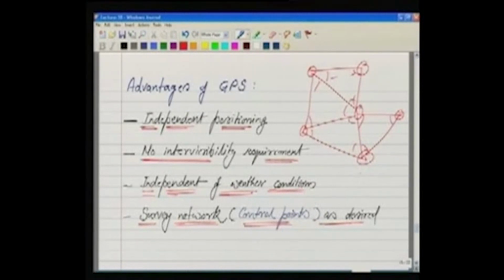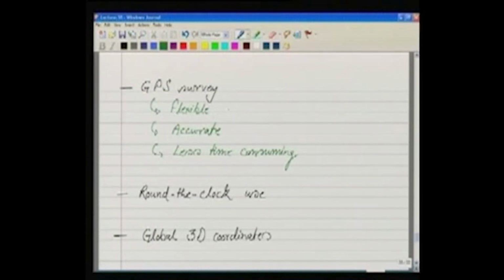But in the case of GPS, we fix the position not as per this requirement, rather as per the requirement of our survey, where we want our positions. So we can see that GPS offers a lot of flexibility and also it is accurate. If you go for long term observations, GPS gives very accurate positions.